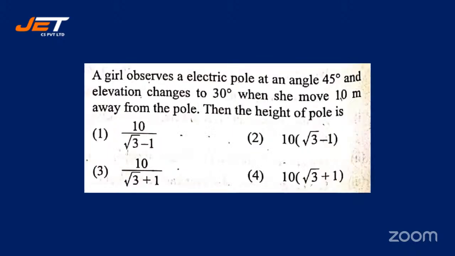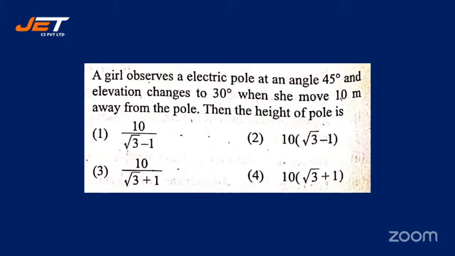A girl observes an electric pole at an angle of 45 degrees and the elevation changes to 30 degrees when she moves 10 meters away from the pole, then the height of the pole is dash. Okay. So here you can see that the girl is observing an electric pole at an angle of 45 degrees. Right.